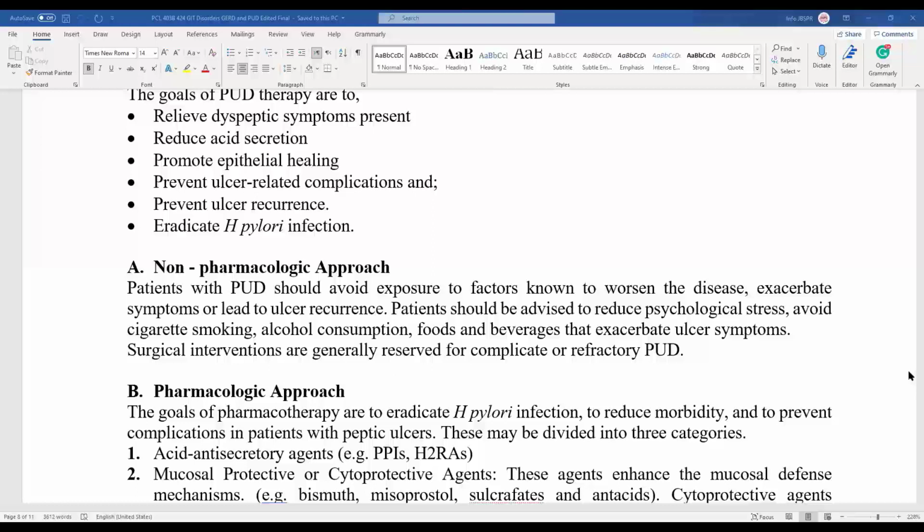Somebody is asking, as a pharmacy student, how can we avoid stress? Plan your time well. And somebody is sharing with us in the class now that she uses honey and warm water. Somebody is also sharing that after taking milk, the pain will go, but it will come back after eating.